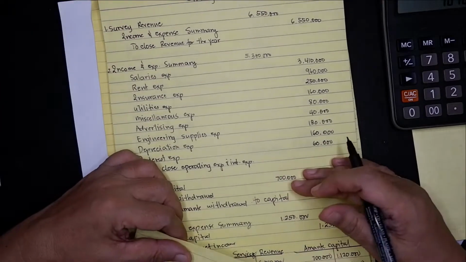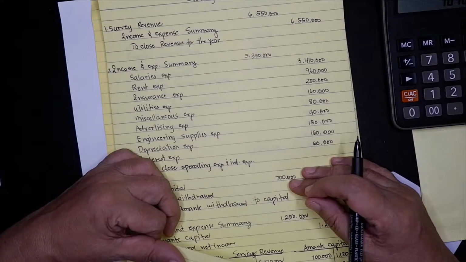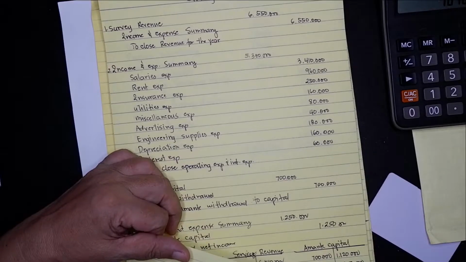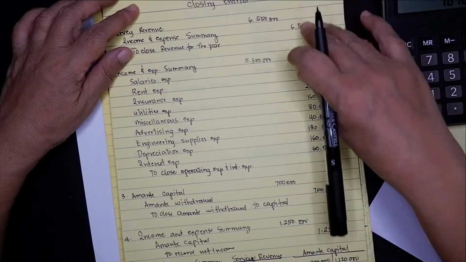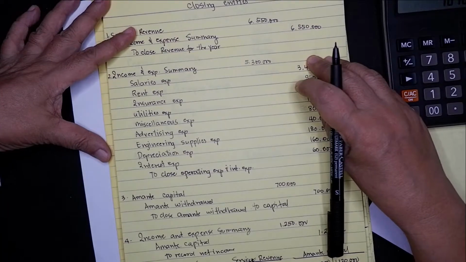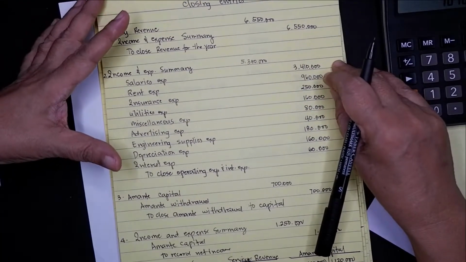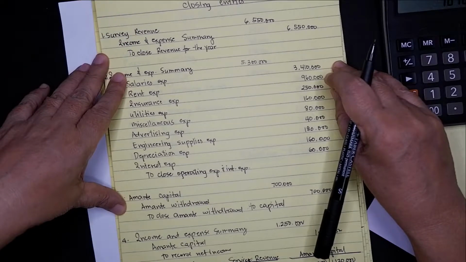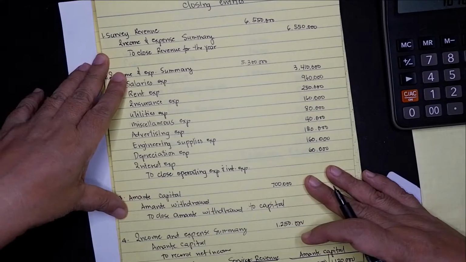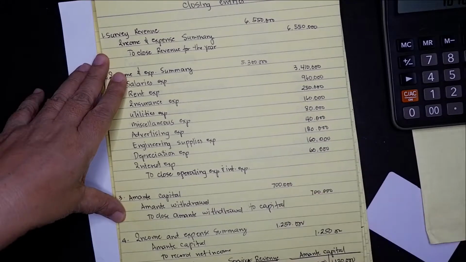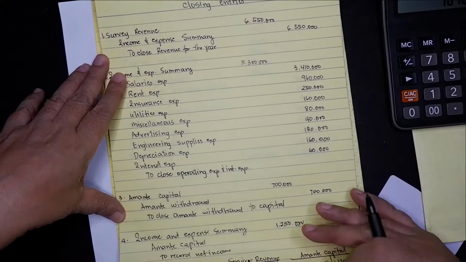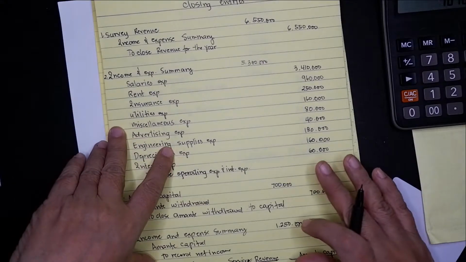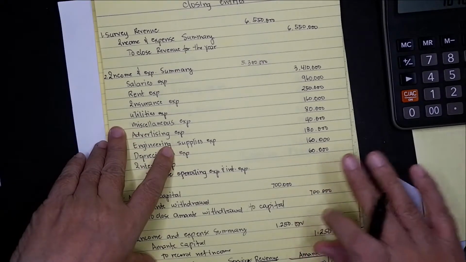Okay, then after that, the next step is preparation of post-closing trial balance. Since our nominal accounts now have zero balance because of the closing entries, it means that only assets, liabilities, and equity have balances, and those are called real accounts. So, if we're going to prepare our post-closing trial balance, that means only assets, liabilities, and equity will be shown in this report.